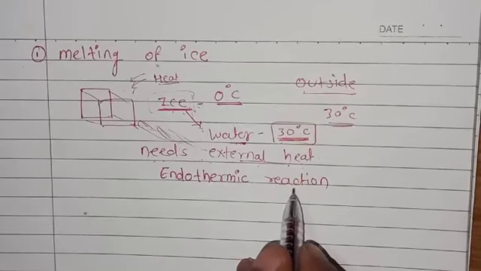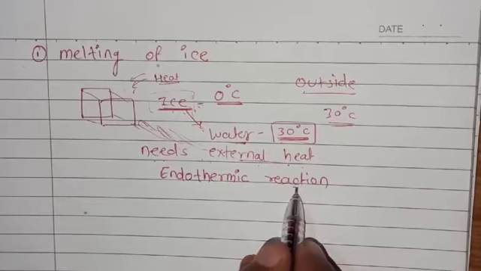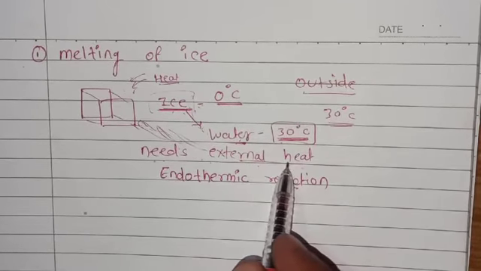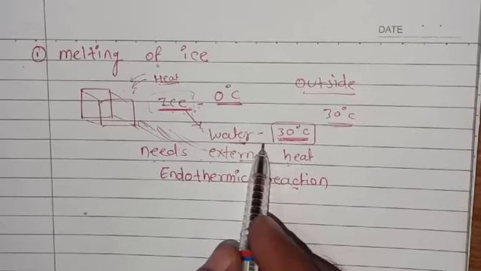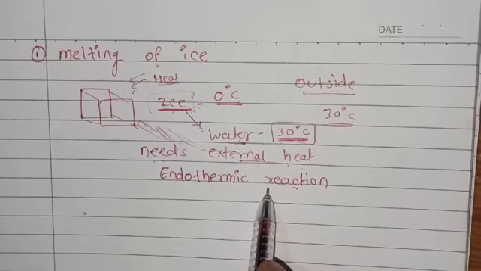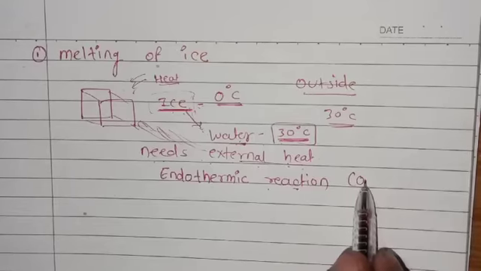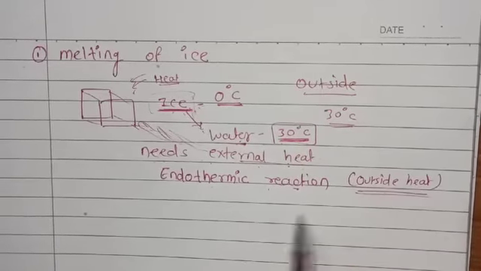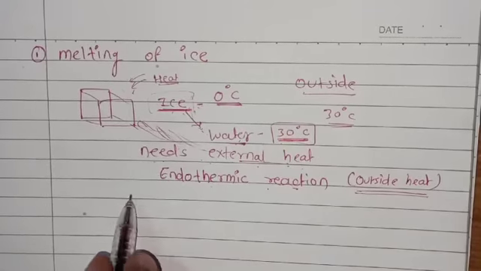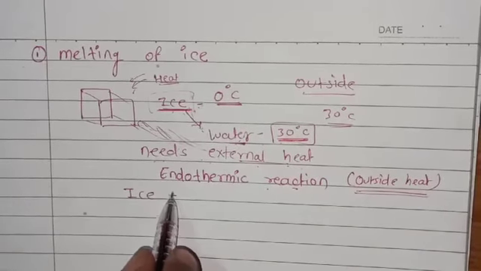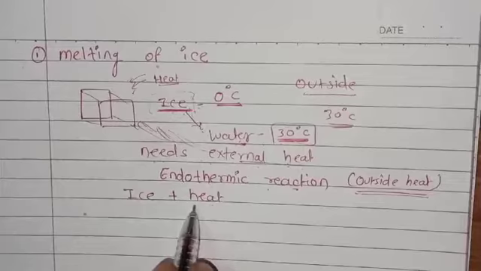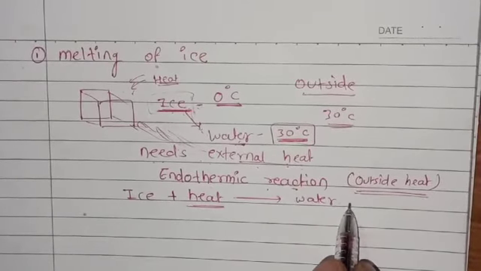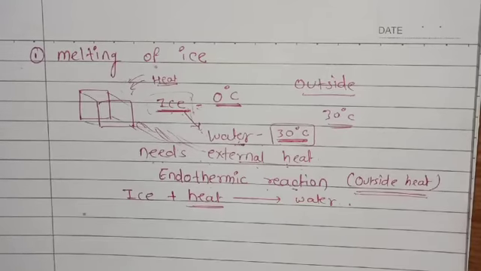Any type of reaction which gets external heat and completes, this is an endothermic reaction, means outside heat. Okay, means when ice gets heat from outside, it gives us water. This is the endothermic reaction.